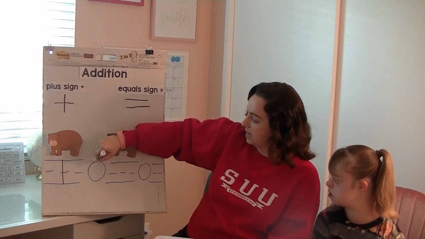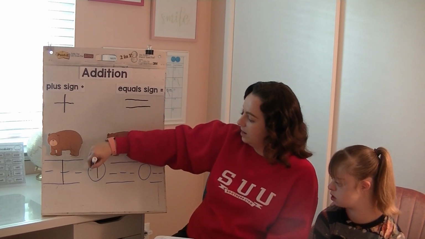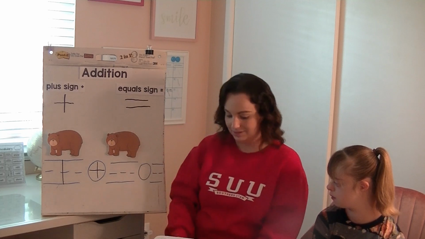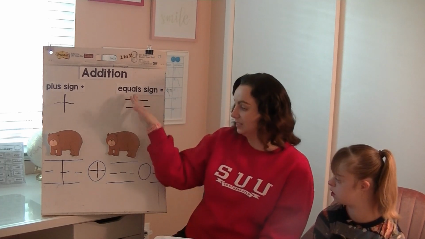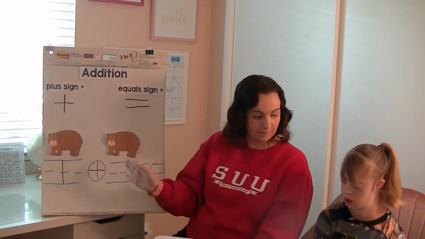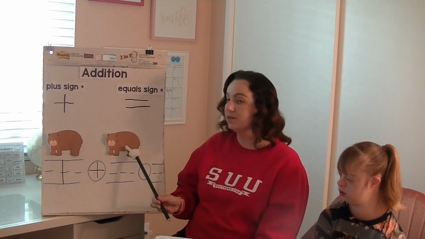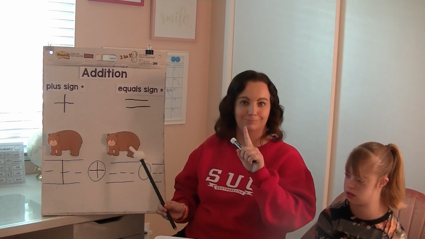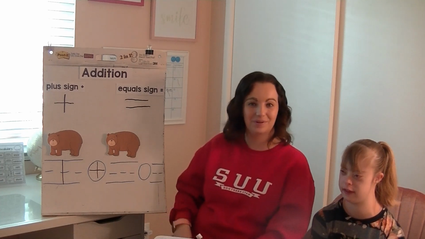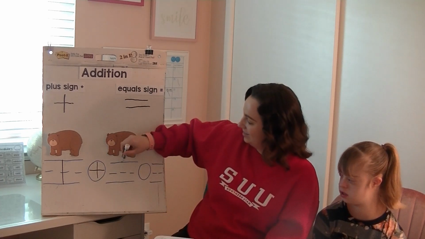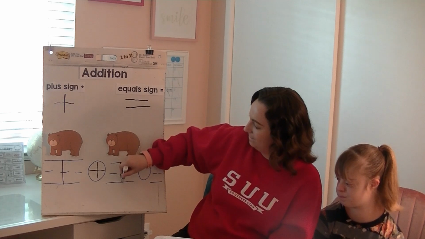I write the plus sign, lying down and across. Now, how many's in just this group here? Ready, set, count with me. 1. How many's in this group? I say 1. Nice job, so I write that down.